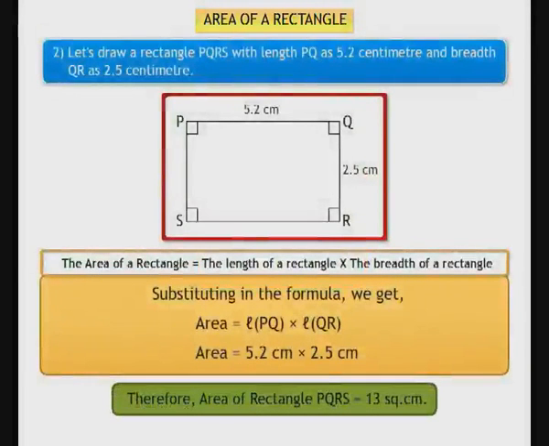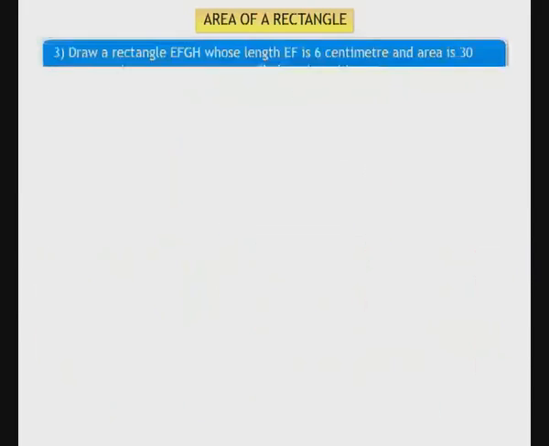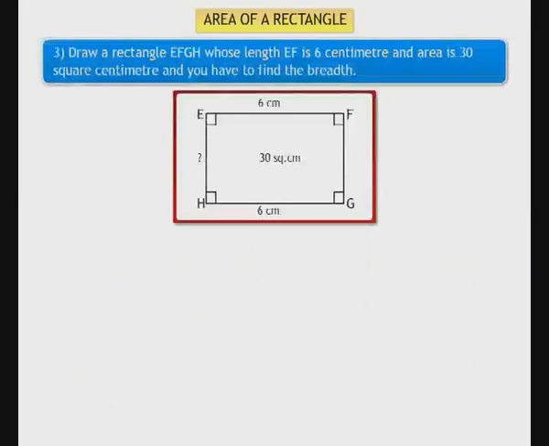3. Draw a rectangle EFGH whose length EF is 6 centimeter and area is 30 square centimeter, and you have to find the breadth. The area of a rectangle is equal to the length of a rectangle into the breadth of a rectangle. Area of rectangle EFGH is equal to length EF into length FG.